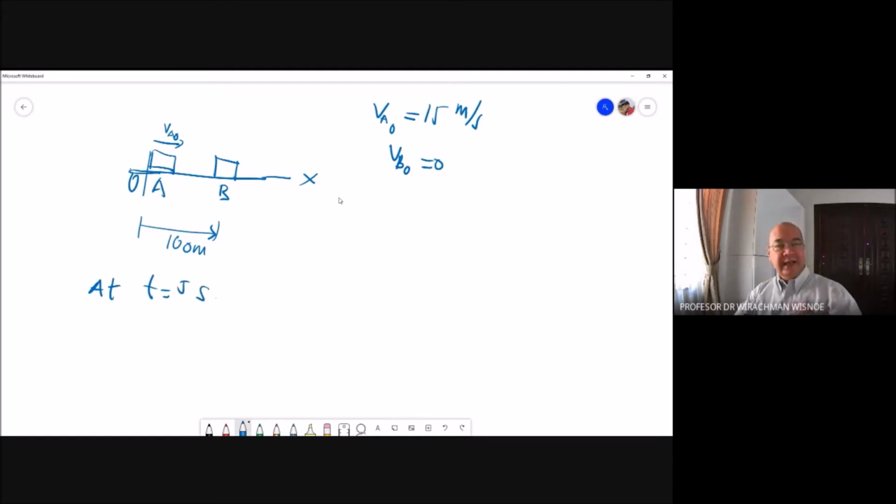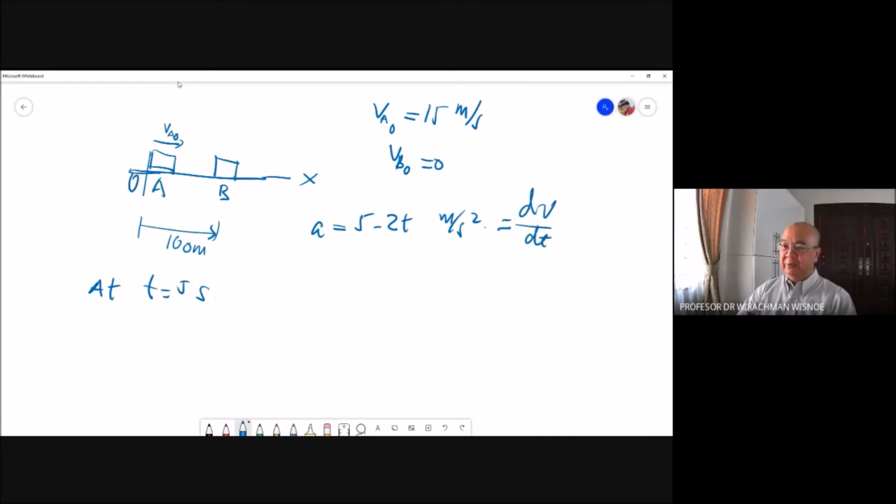Before that, let's write the kinematic equations, the equations about the position, the velocity, and the acceleration. Let's start with car A. We have a is 5 minus 2t meters per second squared, which is dv over dt.